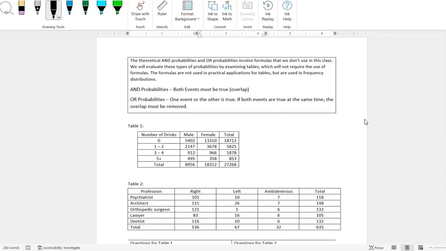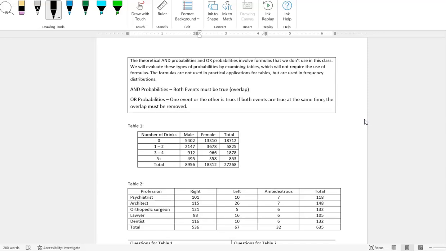We will look at the formulas for ands and ors when we talk about frequency distribution in the next section. So right now, we just want to focus on looking at the tables and figuring out ands and ors and regular theoretical probabilities without any kind of formulas.